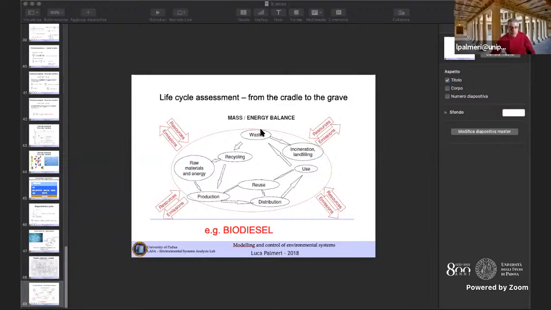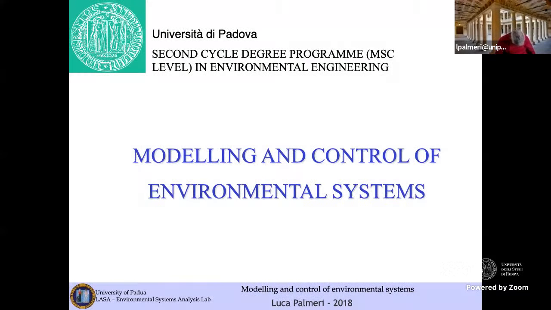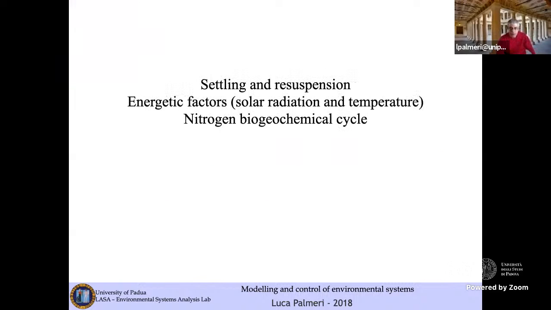Okay, now that we have introduced the basic conceptualization for the chemical, physical, and biochemical processes, we are ready to sophisticate our models by including some other processes that are of relevance in environmental systems.